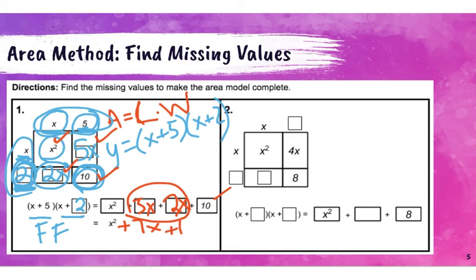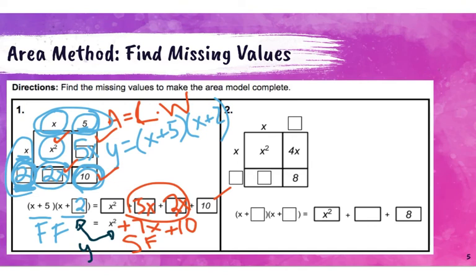And then I just bring down my plus 10. And this is standard form. All right, so again, both factored form and standard form are equal to y. They're just two different ways of writing the same expression.